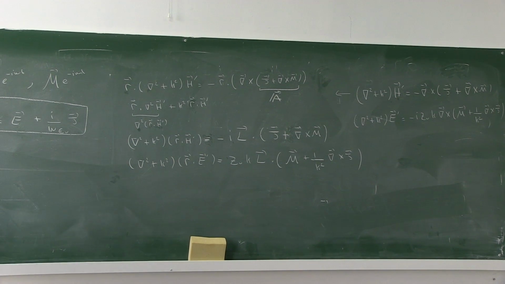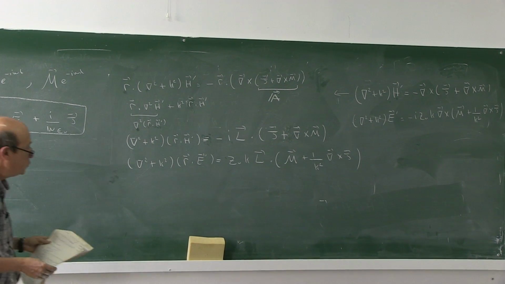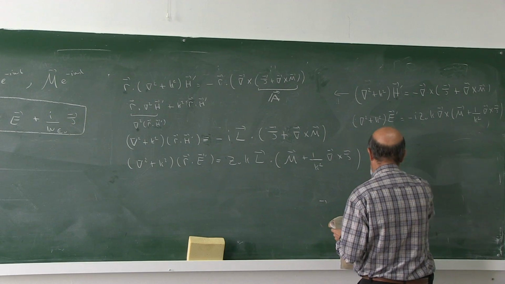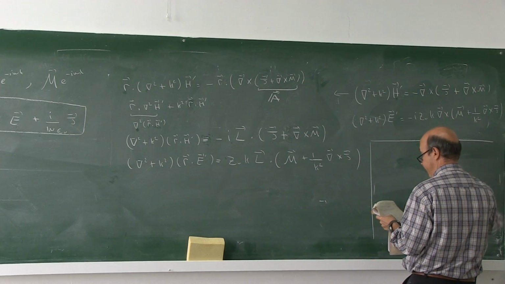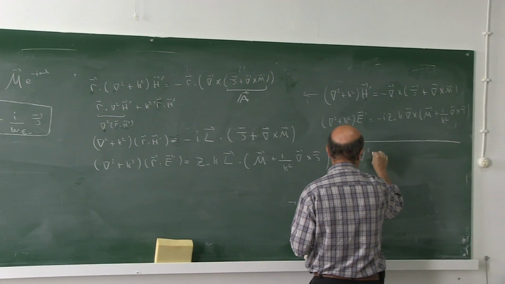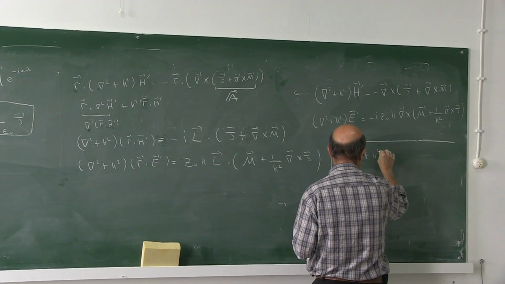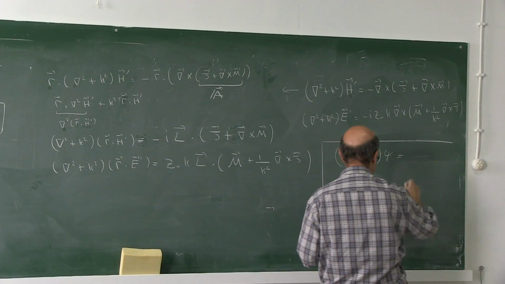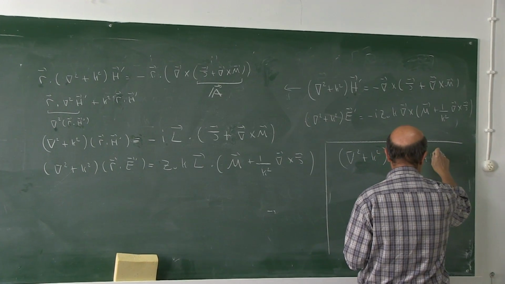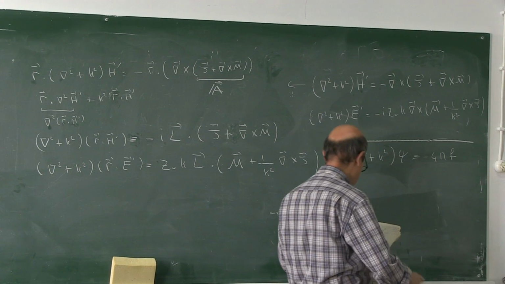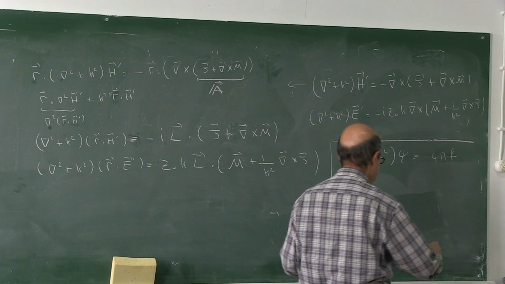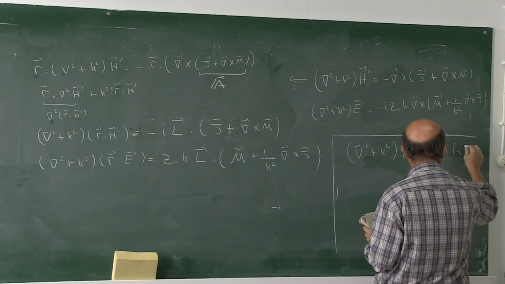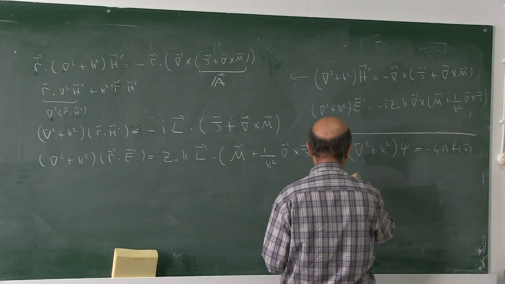So what is the solution? The solution is simply what we studied. We said that if we have a non-homogeneous scalar wave equation, the solution, which depends on, let's say, x, should be in the following form.